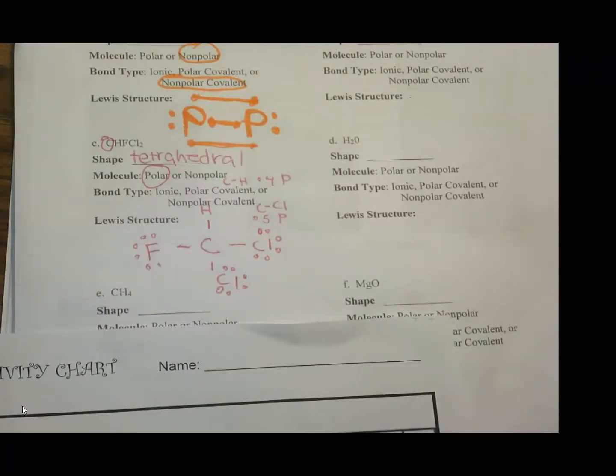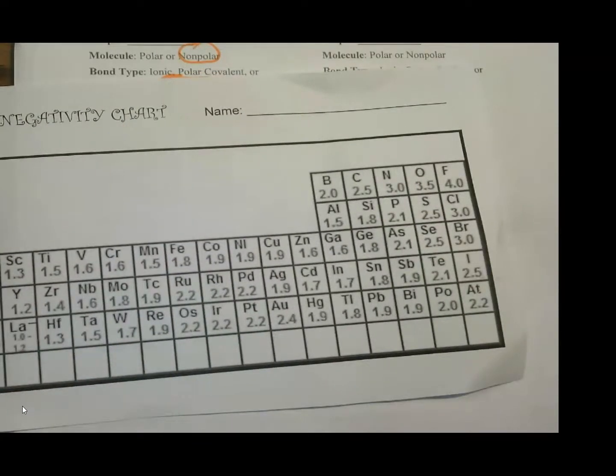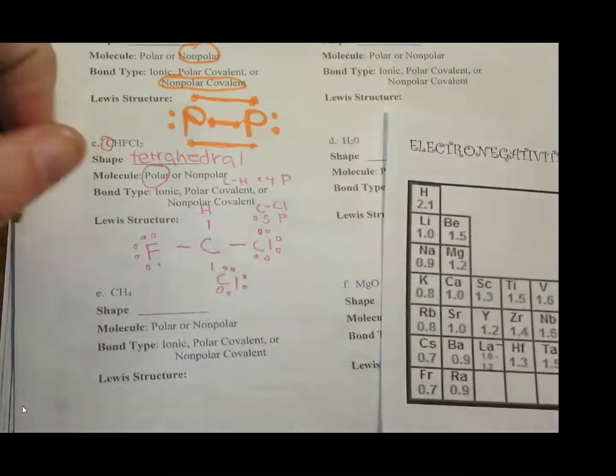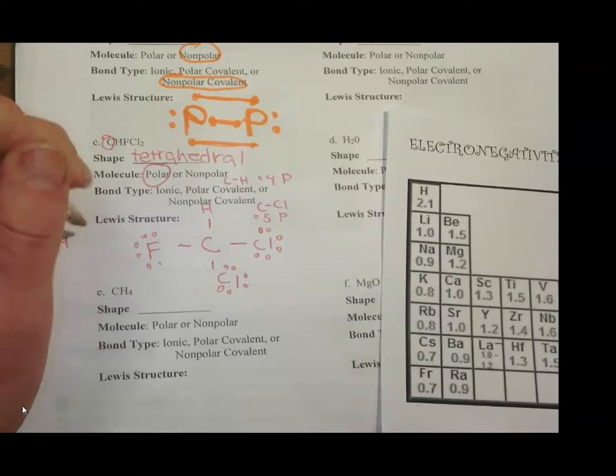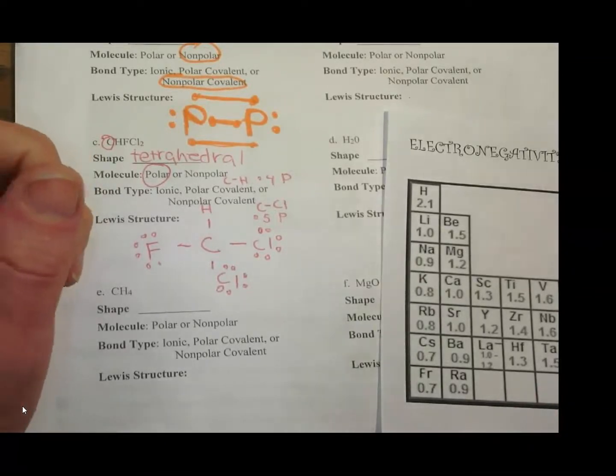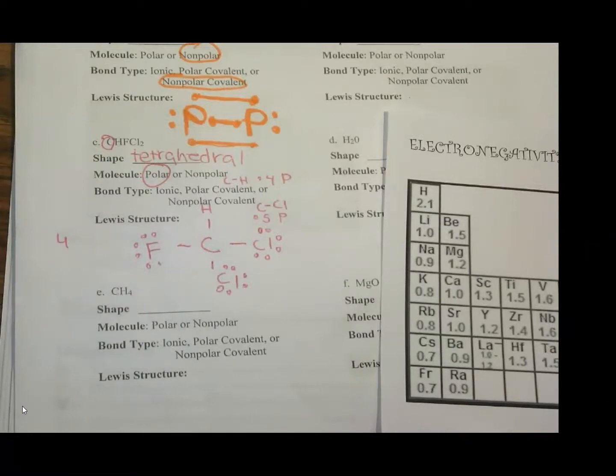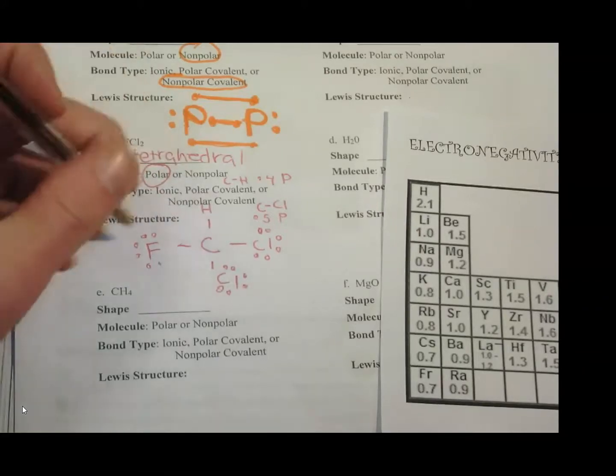And now I'm going to do C and F. So F is 4. Ooh, F's 4. Okay, so that's a strong one, right? That's not going to be sharing equally. F is 4, and C is, once again, 2.5. So when we subtract, you're going to get 4 minus 2.5, and you're going to get 1.5.